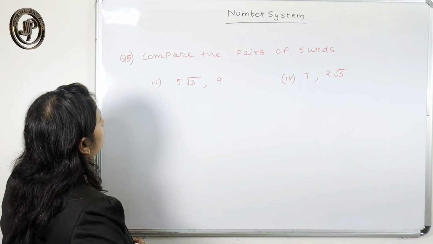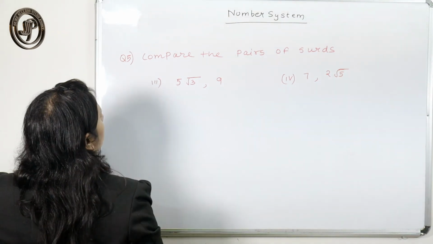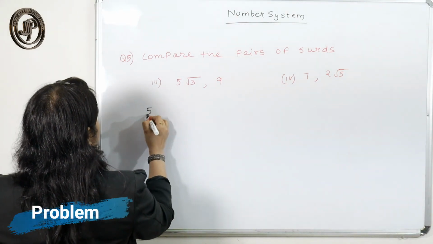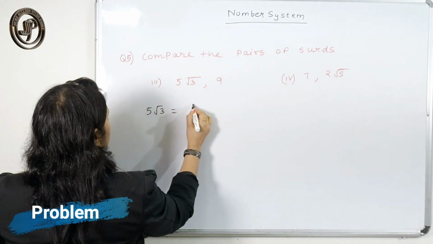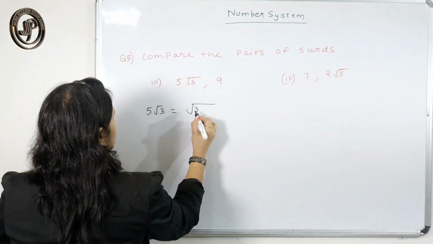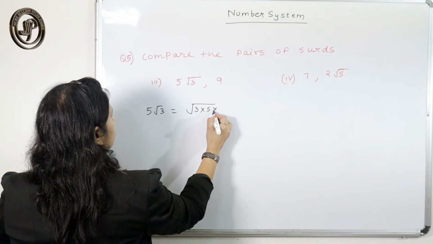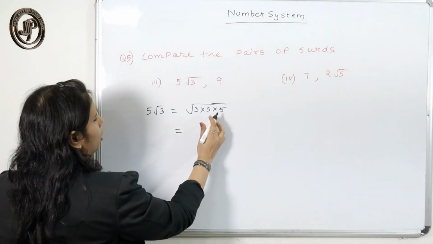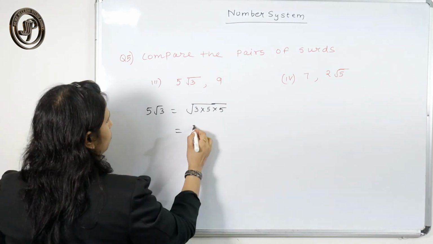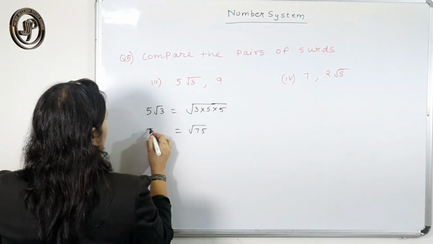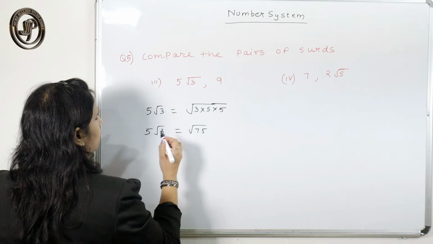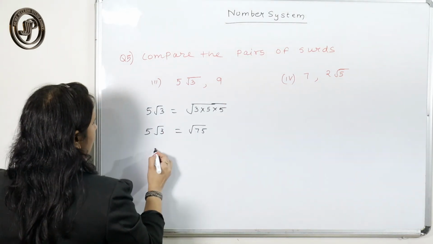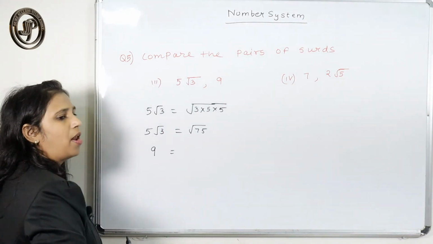So here is another one. You have to compare this. How can you compare this? 5 root 3 you can write as root 3 into 5 into 5, because when you bring this 5 inside, 5 into 5, 25 into 3, is root 75. So 5 root 3 you can write as root 75. And 9.